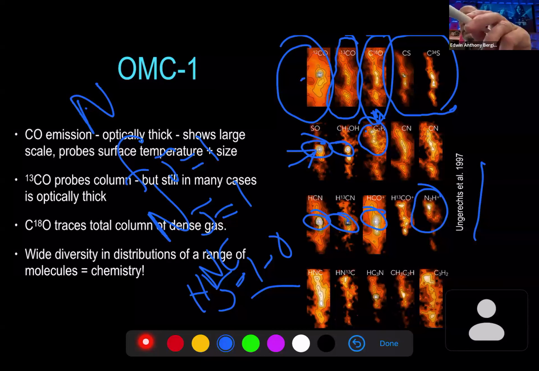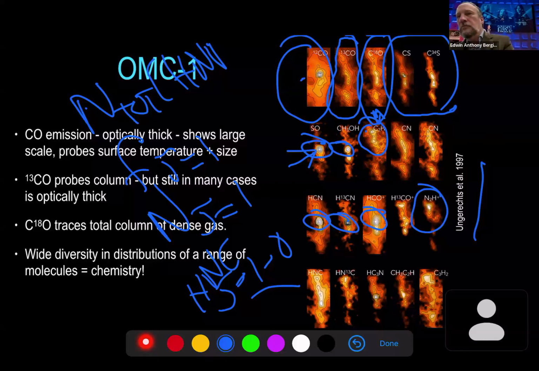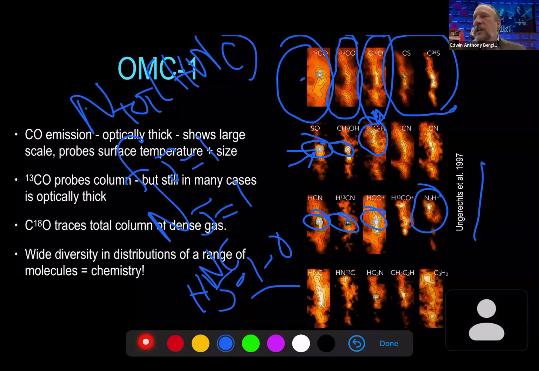And from that, I can get the total column density of HNC. And then if I have some way to get the H2 column, and actually I get it from CO, I have abundance. And that was basically my thesis, determining abundances and trying to explain all this stuff.